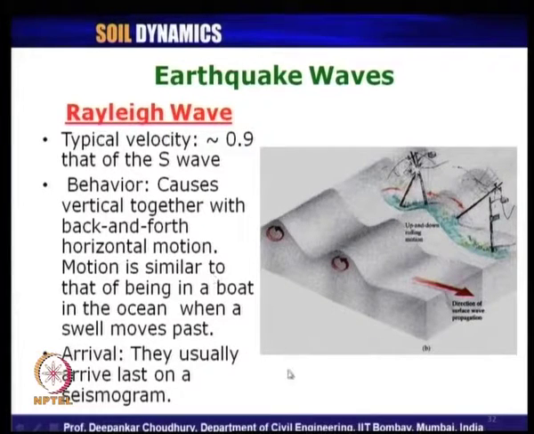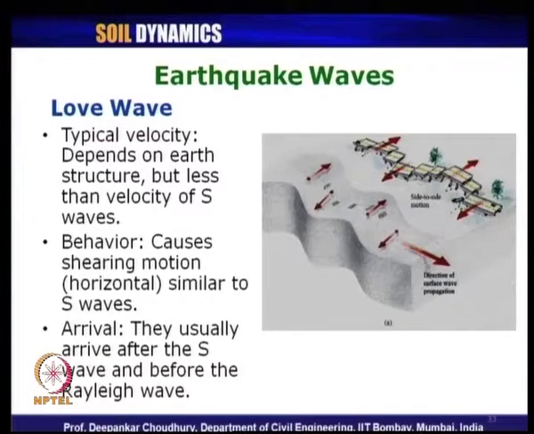of Rayleigh wave finally. And about Love wave, its typical velocity depends on the earth structure, but obviously it is less than the velocity of S wave. The relationship between Love wave and S wave we have also seen in the previous lecture, the equation to obtain the Love wave velocity.